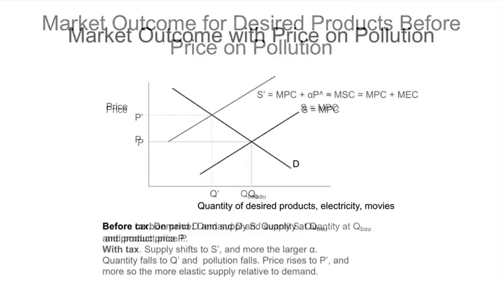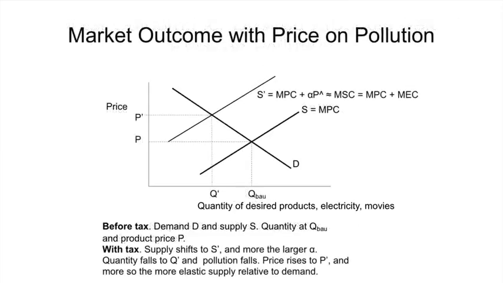So what we want to do now is say, what if I put a tax on the pollution? And I'm going to call this term APC. The P really is the tax per unit of pollution. The alpha tells you how much pollution is directly produced by the product or indirectly in its inputs.